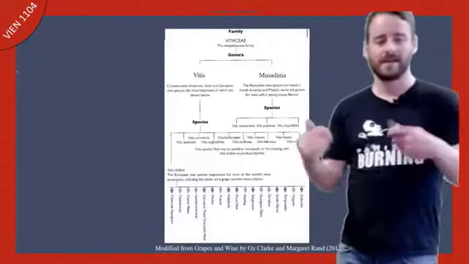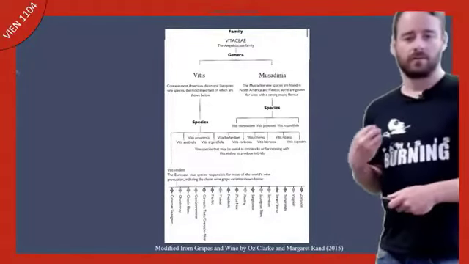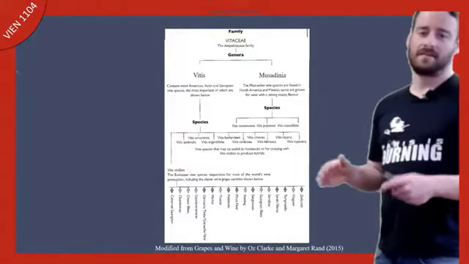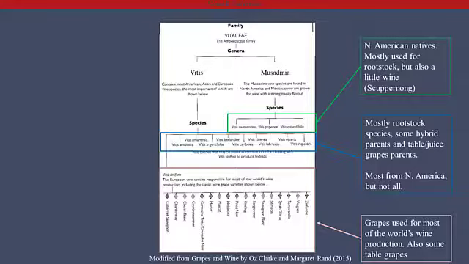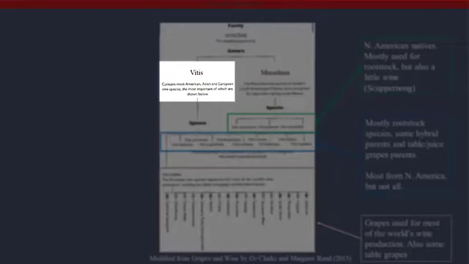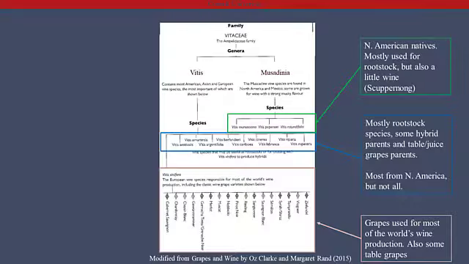So just to recap from last lecture, our plant is in the family Vitaceae, which we can break into two genera. The plural of genus is genera. The two genera are Vitis and Muscadinea. Let's go down Muscadinea.